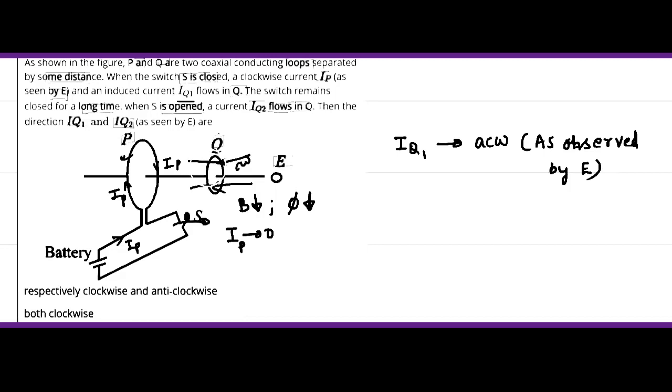So the direction of induced current in this case will be clockwise.